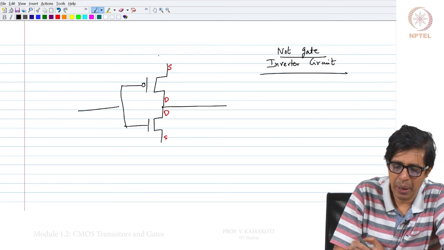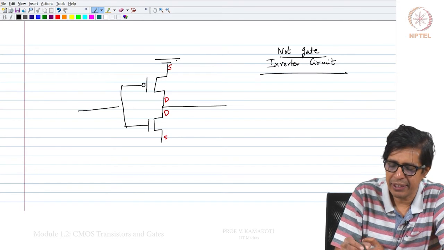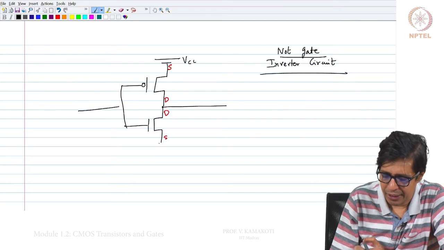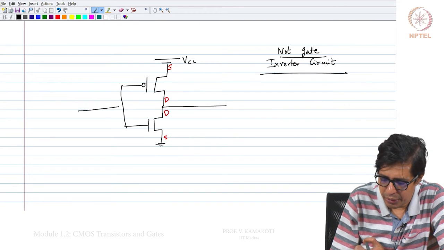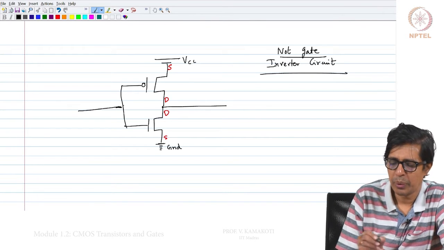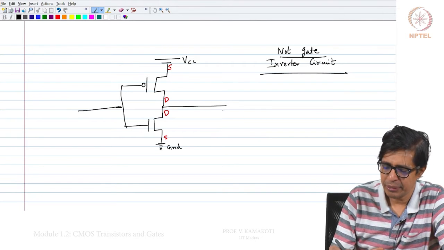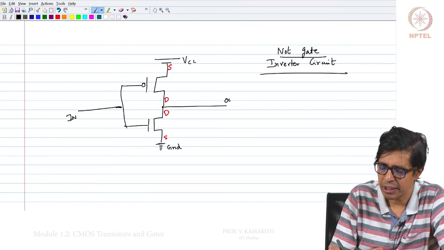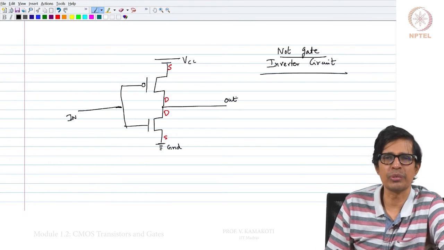Now, to this part I give the supply voltage, which we call VCC, and to this I put the ground. Now, this is the input I am giving to the circuit, and this is the output I am going to collect out of the circuit.